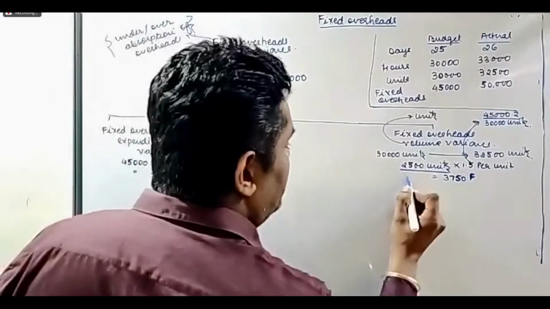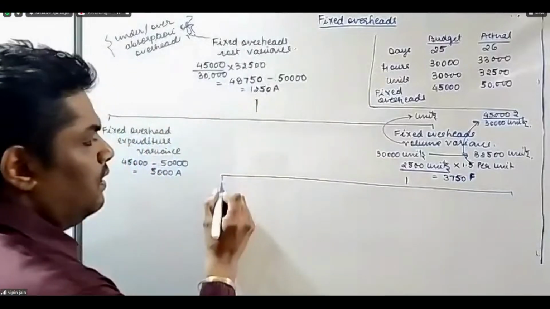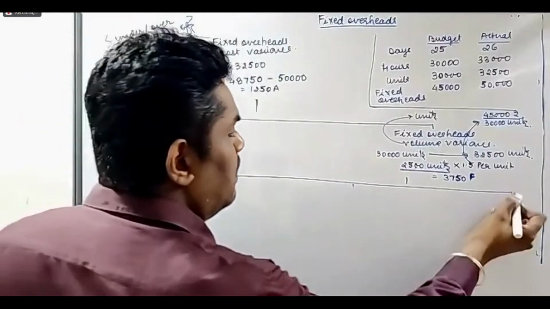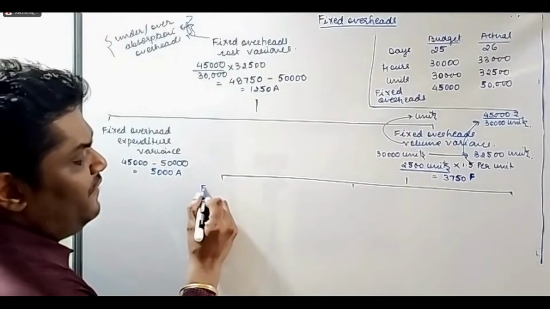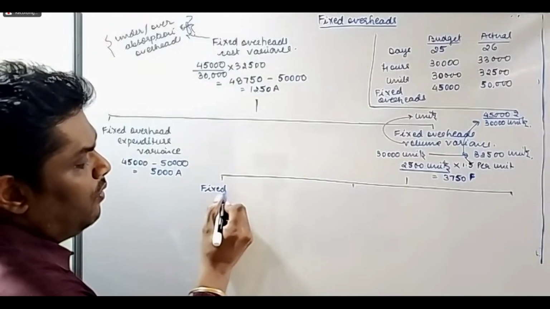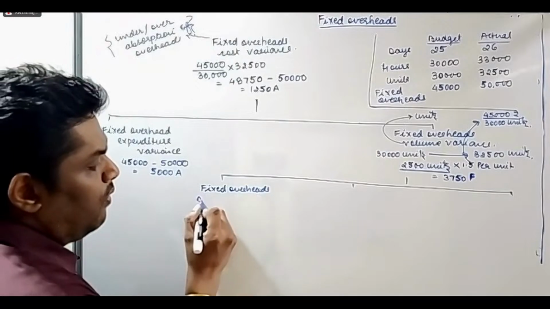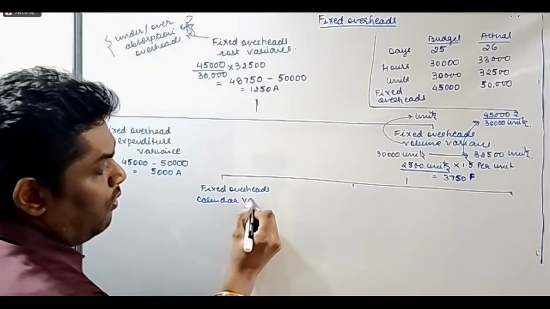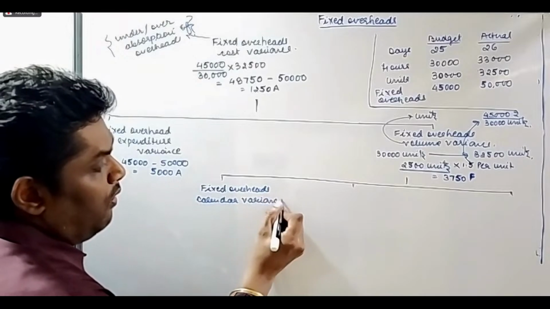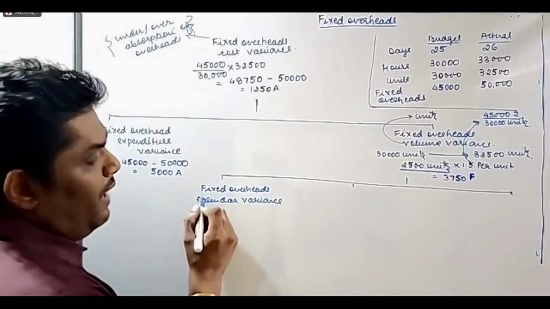Now let's start with other variances. Now the first one is fixed overhead calendar variance.